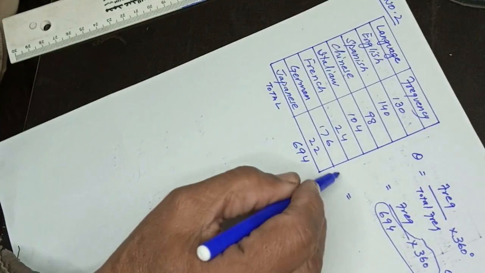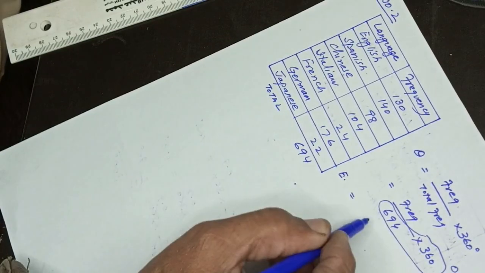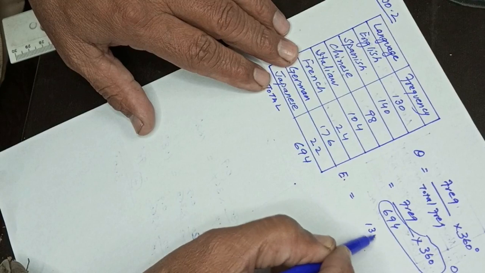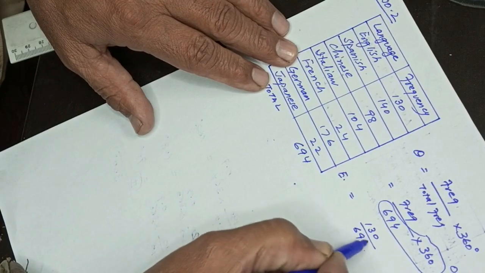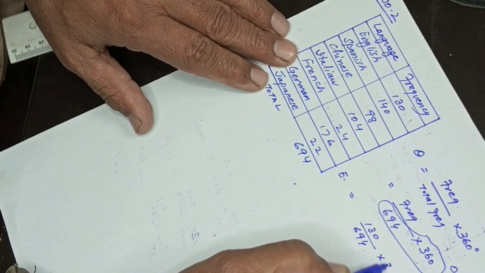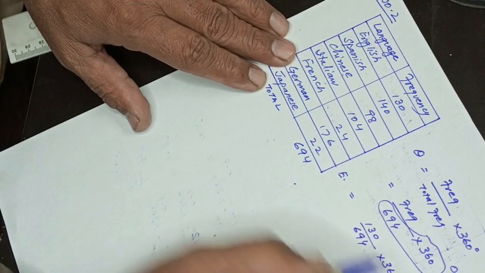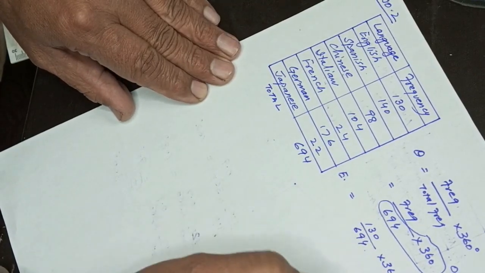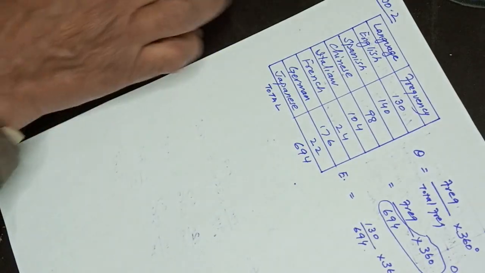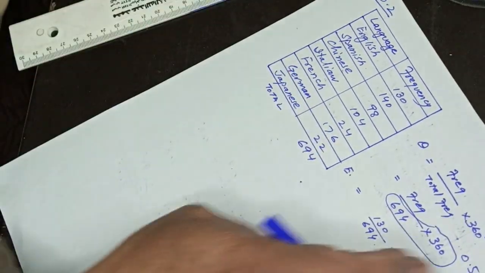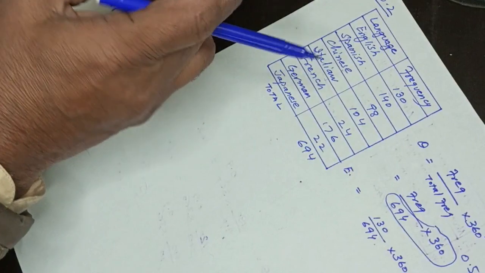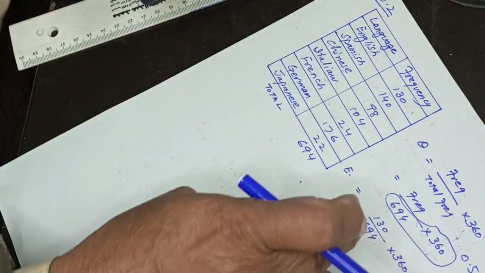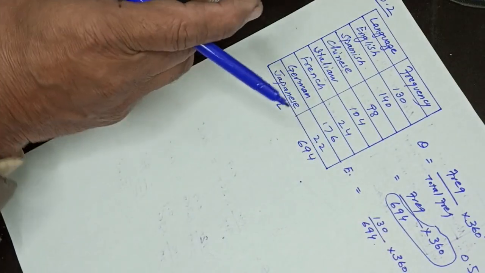For English students, write E, 130 over 694 multiplied by 360. Since I have already calculated this part, I'll simply multiply 0.51 with 130.